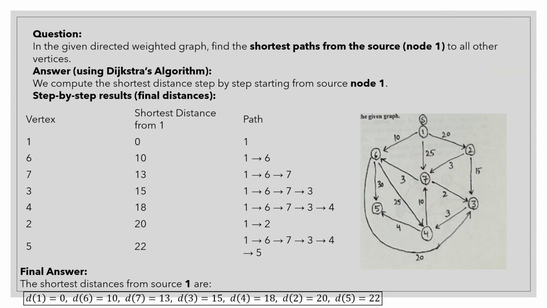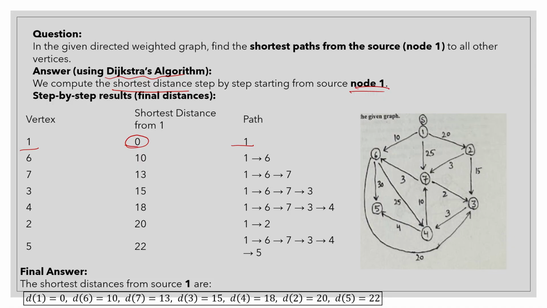This one is: in the given directed weighted graph, find the shortest paths from source node 1 to all other vertices. Answer: here we'll apply Dijkstra's algorithm. We'll compute the shortest distance step by step, starting from the source node. So basically from vertex 1, no distance, your path remains 1.